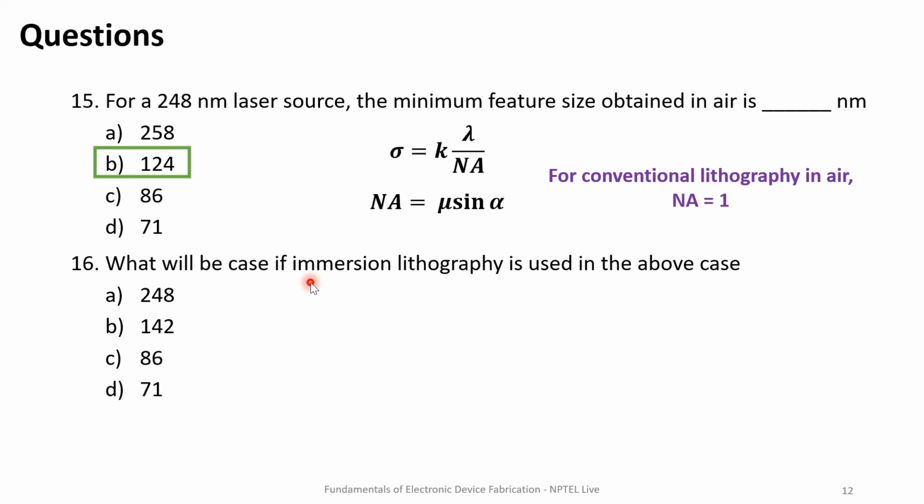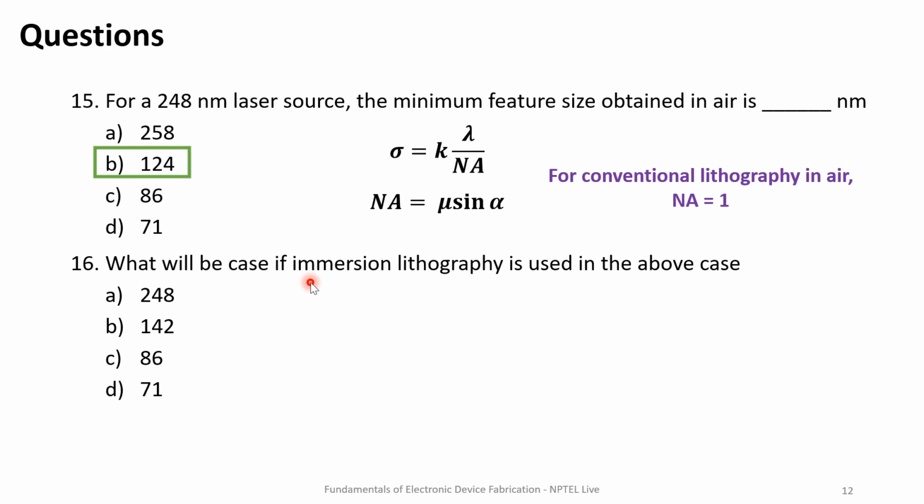No, option B, that's not the answer. If immersion lithography is used, I can tell you that the numerical aperture will actually increase. So the value will be lesser than 124. You have two options, 86 and 71.